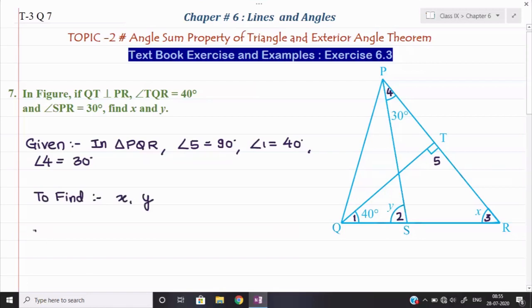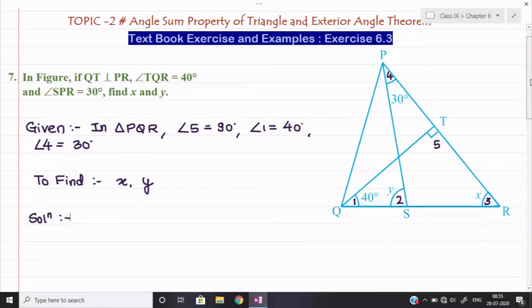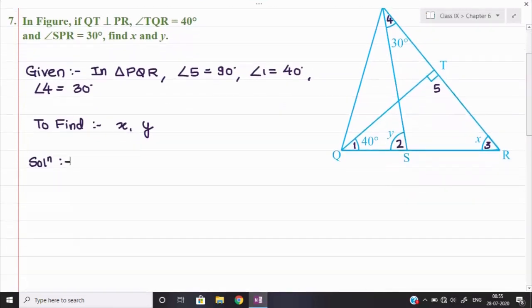Let us proceed to the solution. Now see, I am finding the value of x first. How am I finding it? First of all, I am taking triangle TQR. Now you need to look only at triangle TQR.